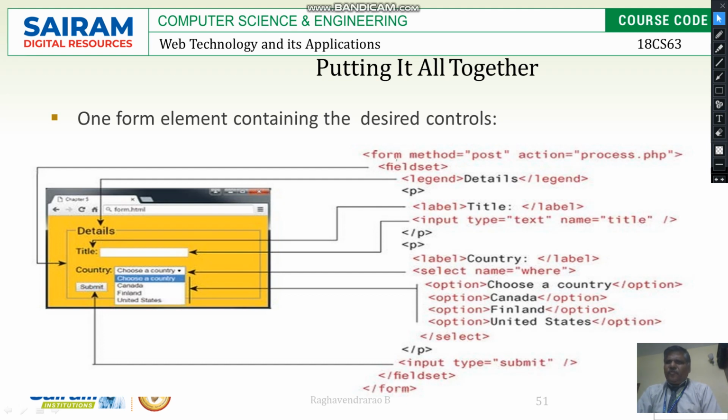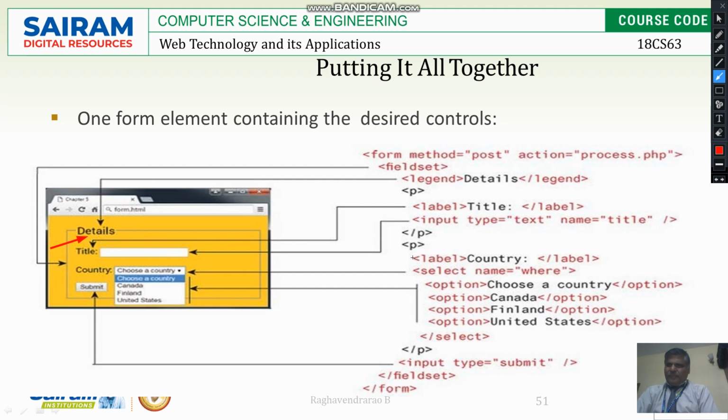So the form method is going to be post, action is going to be process. A field set is there, and this is the complete field set. Then there is a legend, and labels are shown here. The label is title, shown directly here. Then we have input type text, name is title, for the input box.